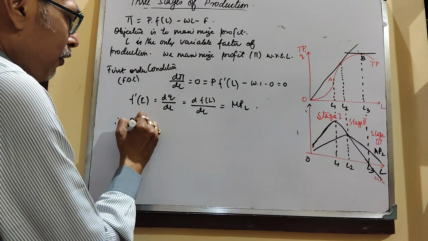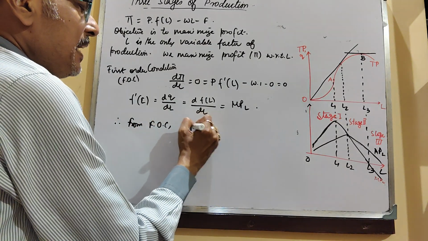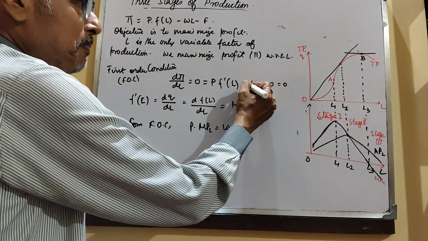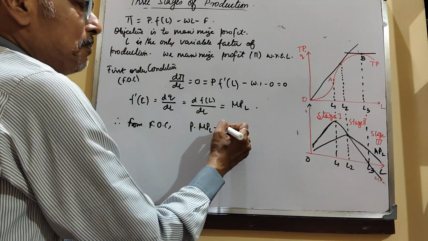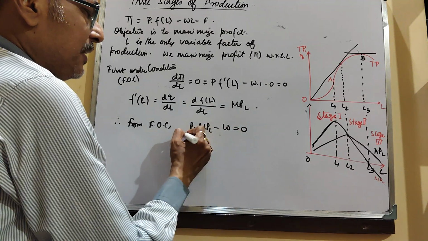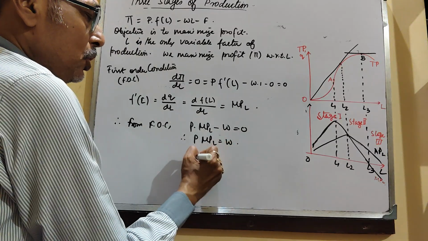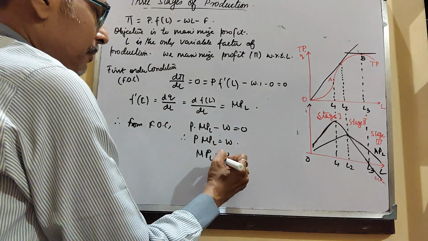Therefore, from the FOC, P into MPL minus W equals 0. Therefore, P into MPL equals W, or MPL equals W by P.